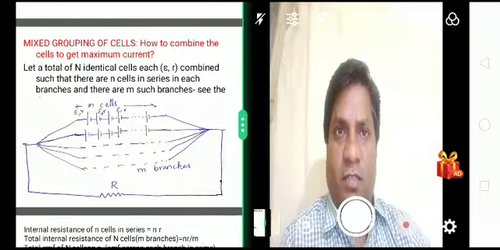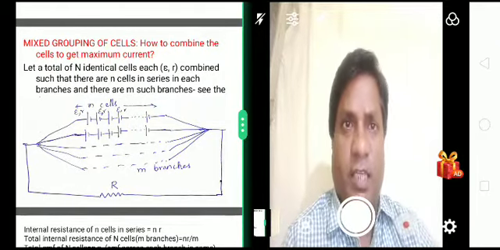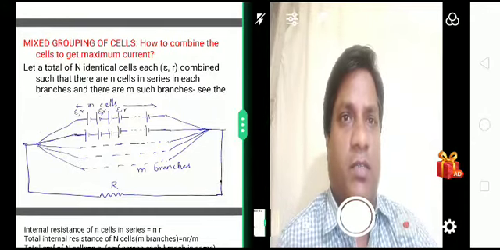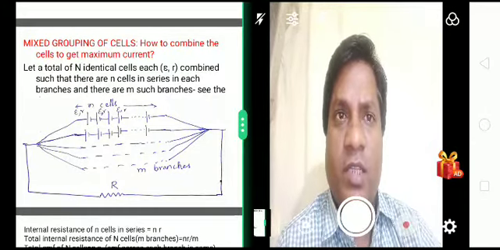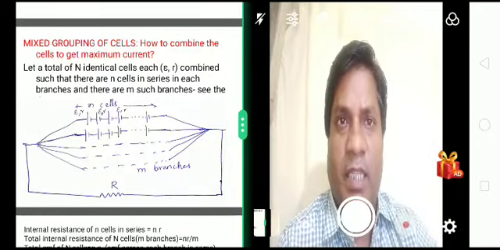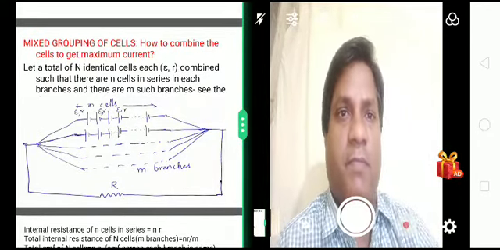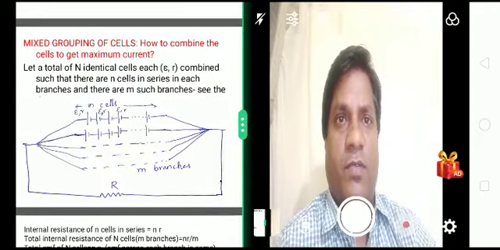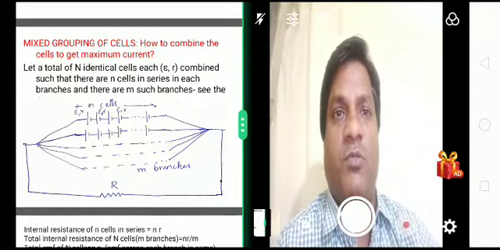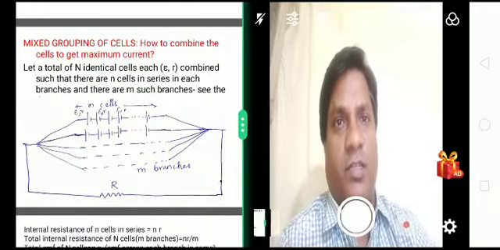Now let us connect them in a mixed grouping. So here I have chosen n cells taken in series, and there are a total of m branches. So the total number of cells N is equal to m times n.